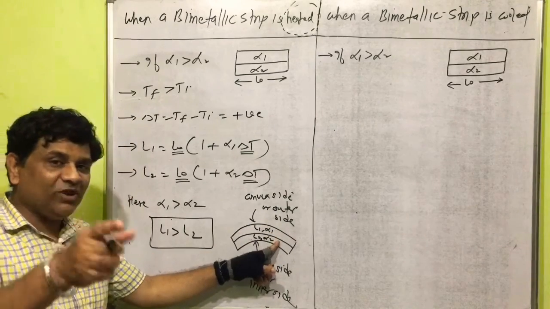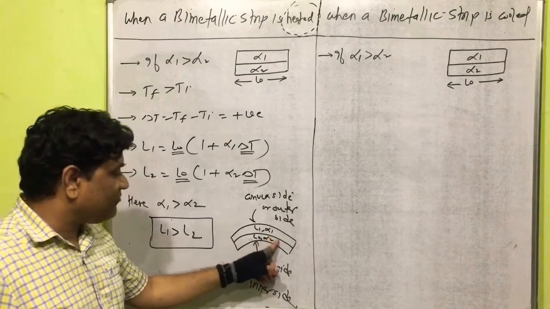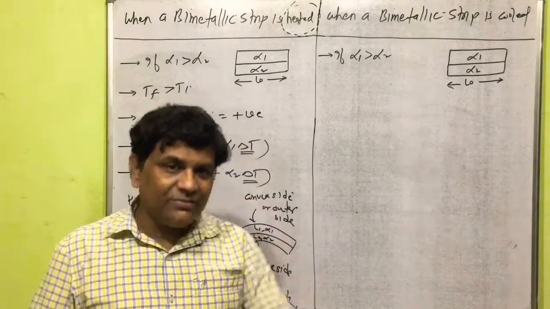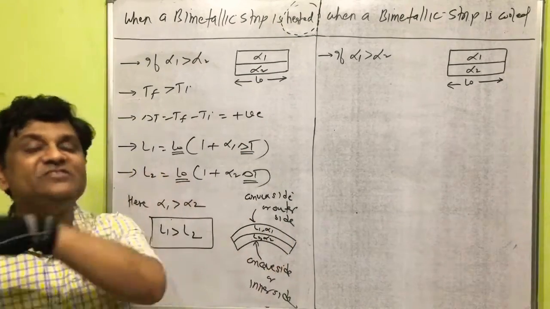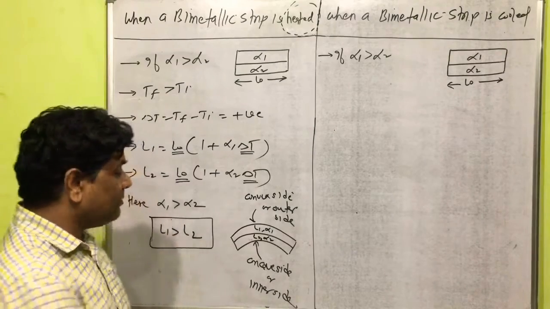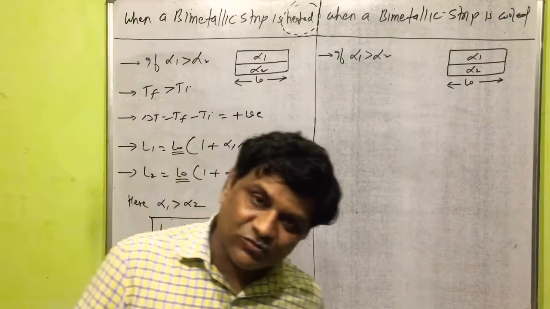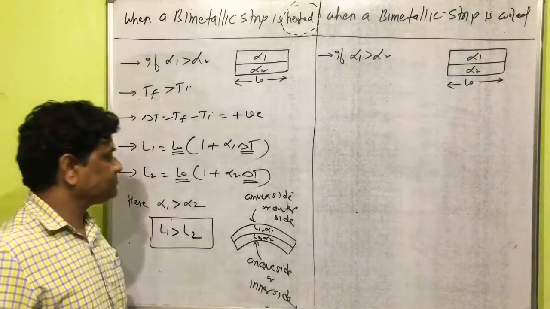Smaller alpha will be on the concave side or inner side, and bending of a bimetallic strip will take place towards the smaller coefficient of linear expansion rod. Bending will take place towards a smaller alpha.